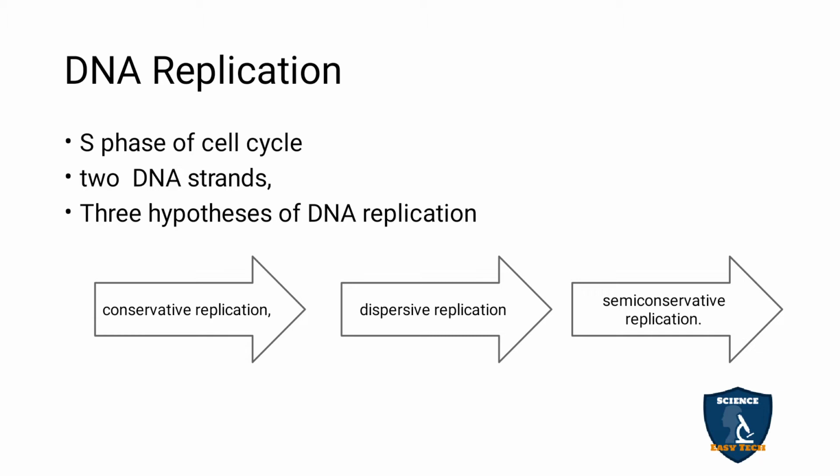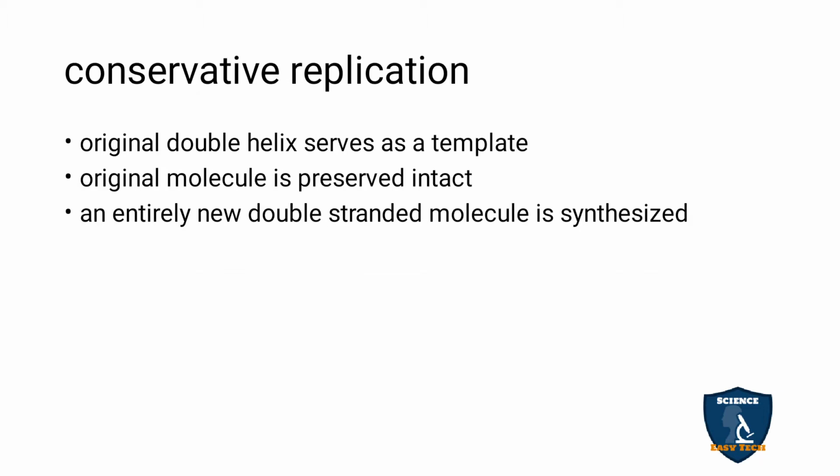Based on DNA replication, three hypotheses have been given: conservative replication, dispersive replication and semi-conservative replication. First, conservative replication. In conservative replication, the original double helix acts as a template.